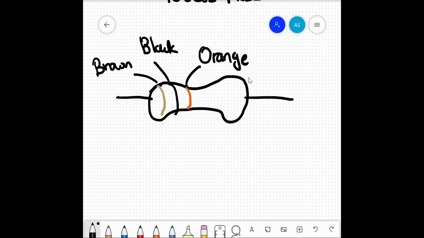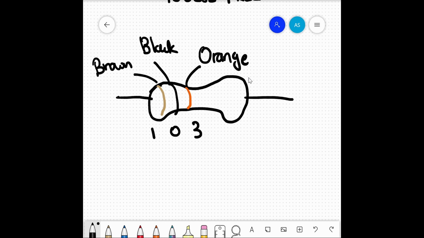Now let's take a look at a 3-banded resistor. Here we have brown, black and orange stripes. You can pause the video here to figure out the resistance. Alright, have you figured it out? So looking at these stripes, the numbers would be 1, 0 and 3.